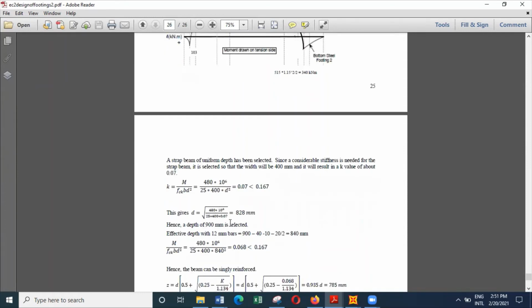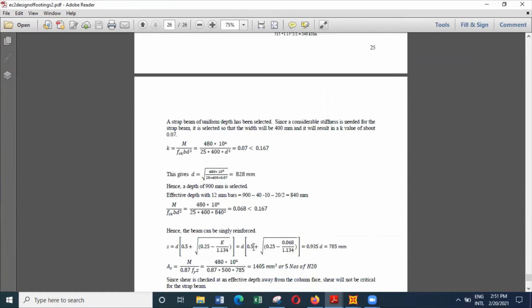And once I know the depth of the beam, for the 480 kilonewton meter moment, I can work out the reinforcement requirement. The reinforcement requirement can be found once you decide the value of z. z is 0.935d, is the usual equation we use. And once you know the value of z, we can find the reinforcement requirement because the bending moment is known.